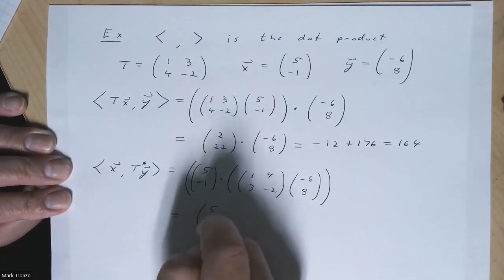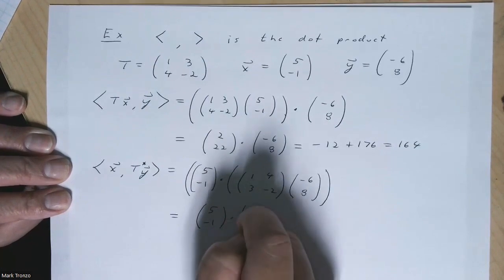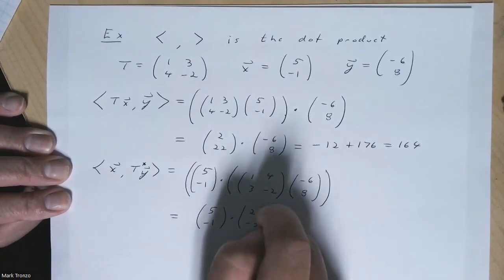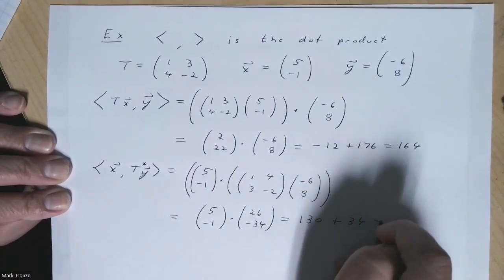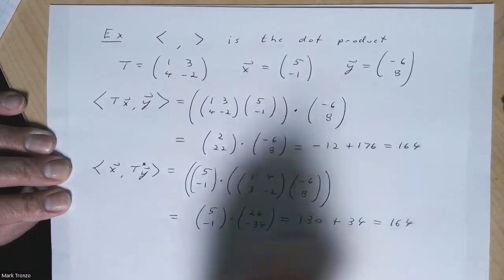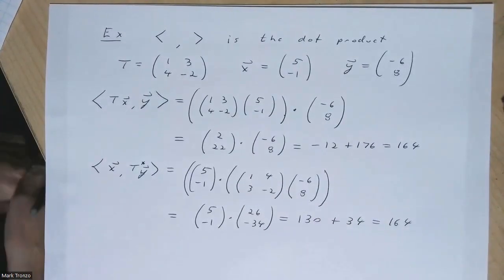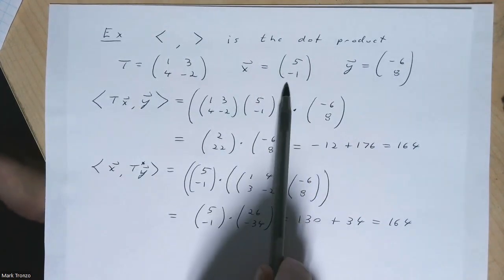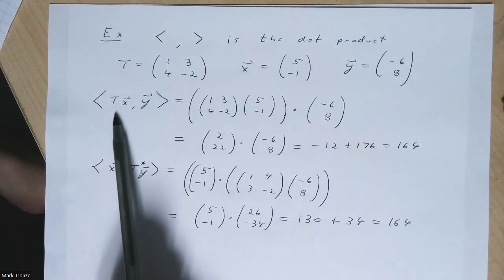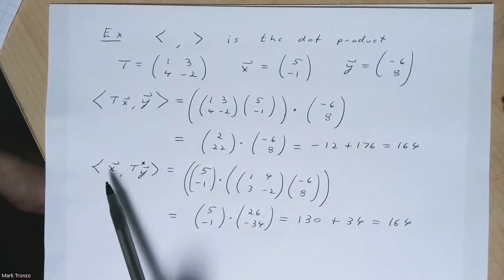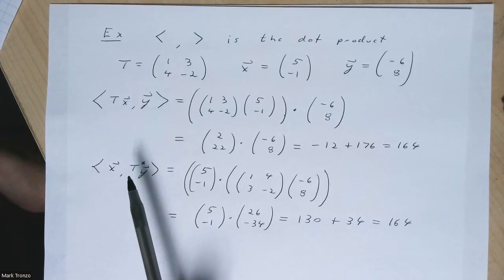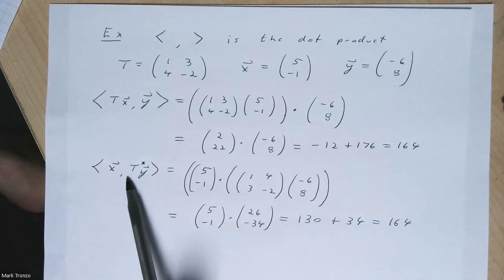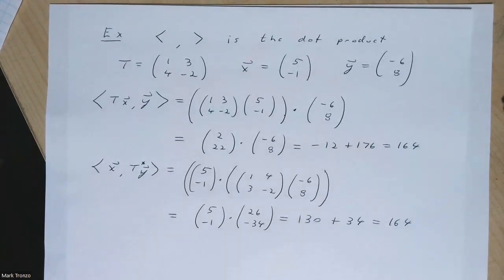And this is going to be 5, minus 1 dotted with 26, minus 34, which gives us 130 plus 34 is 164. So that's just a simple example to demonstrate that if we have a matrix and we have two vectors, the inner product of T(x) and y is equal to the inner product of x and the adjoint of y, where this is going to be the conjugate transpose. And we got 164 in both cases.